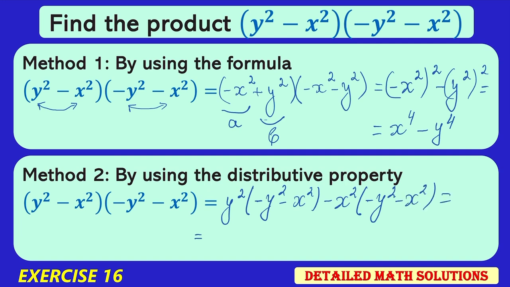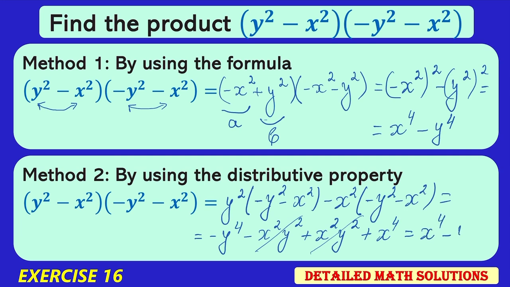When I open parentheses, I get minus y to the fourth power minus x squared y squared plus x squared y squared plus x to the fourth power. Again, I have same terms with opposite signs. Their sum equals 0, and therefore they cancel out. This way, this equals x to the fourth power minus y to the fourth power.